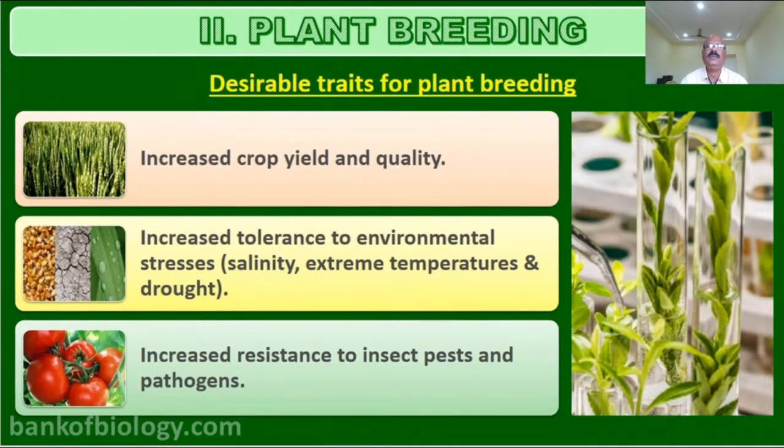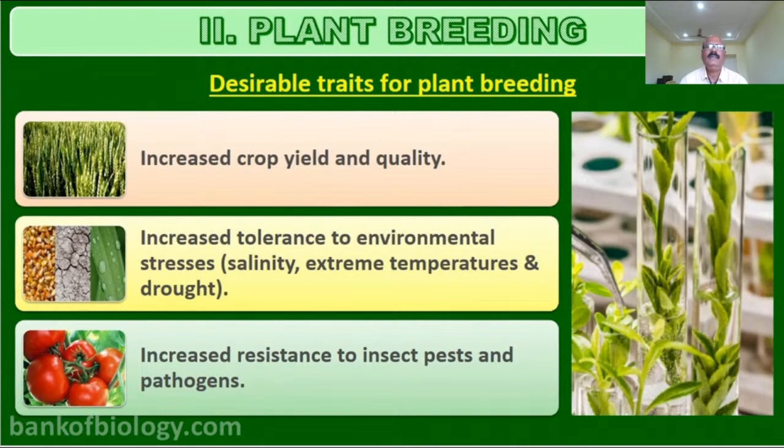The normal agricultural methods are not able to provide food for the rapidly growing population. That's why plant breeders, that means the scientists who are working to produce desirable plants, with the help of different techniques, are developing desirable plants.